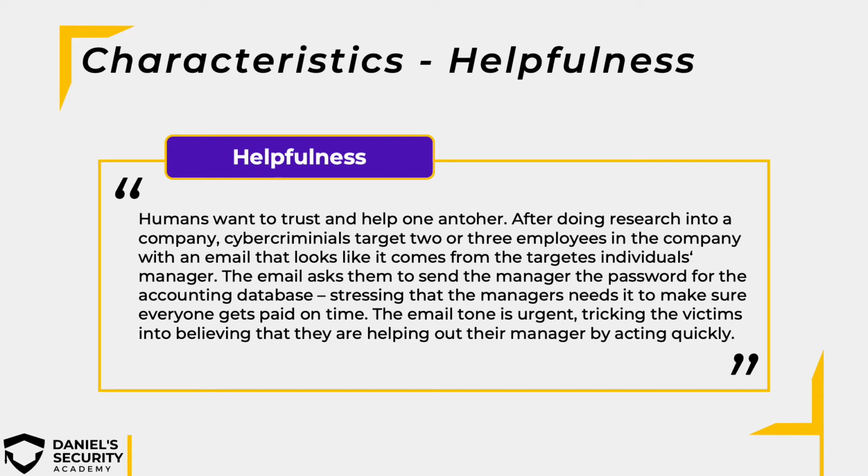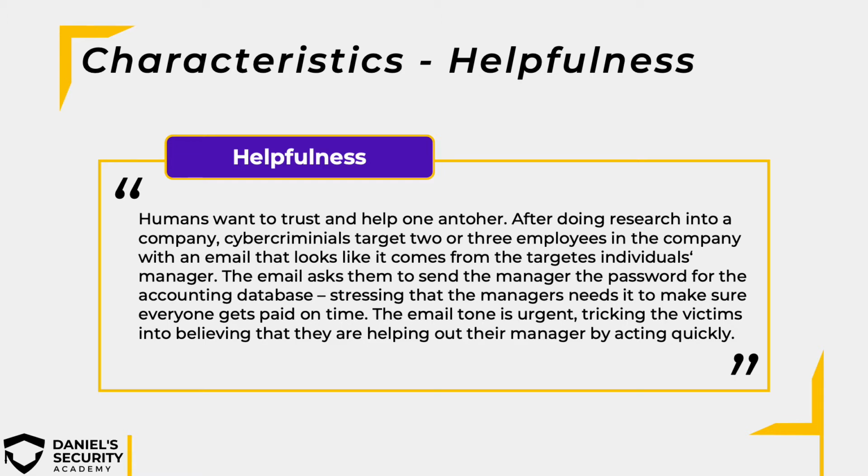After doing research into a company, cybercriminals target 2 or 3 employees with an email that looks like it comes from the target individual's manager. The email asks them to send the manager the password for the accounting database, stressing that the manager needs it to make sure everyone gets paid on time. The email tone is urgent, tricking the victims into believing that they are helping out their manager by acting quickly.